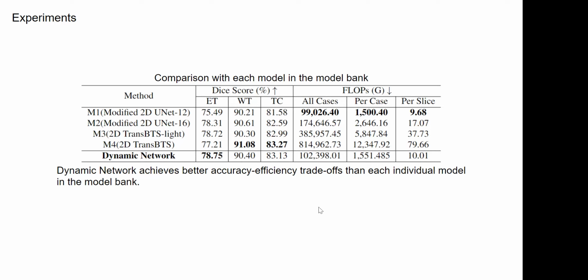So this shows that the decision network can intelligently assign the input to the appropriate models in the model bank and achieve a better accuracy-efficiency trade-off than just using a single model to process all the input.